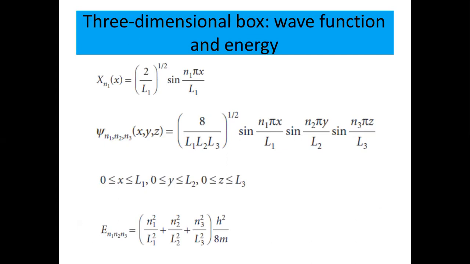These equations are very useful, particularly for computational chemistry or computational science, to calculate the energy or the absorption spectra when the particle is moving along any of the three axes. We have already done some of the calculations in one of the previous lectures. So this is the end of this lecture.